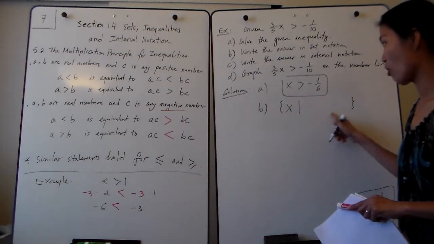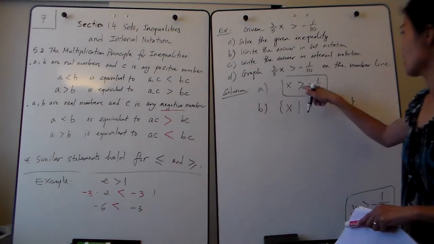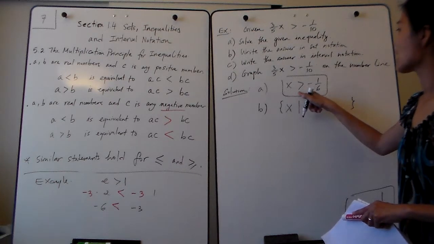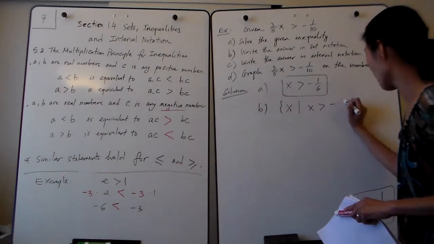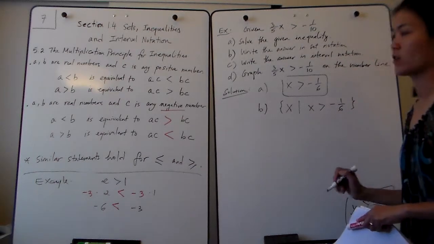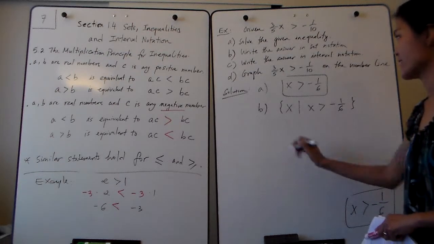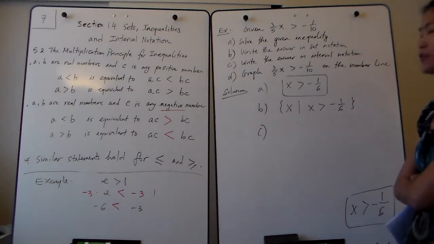Next, you need to describe what x is. We solved for x, right? In part A, we know that x is greater than negative 1/6. So you just copy this condition here. And then you're done. For part C, write the answer in interval notation.